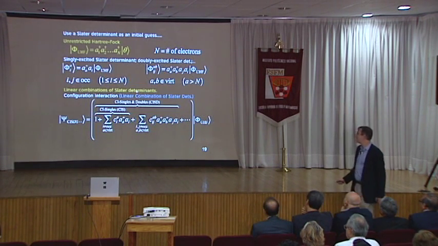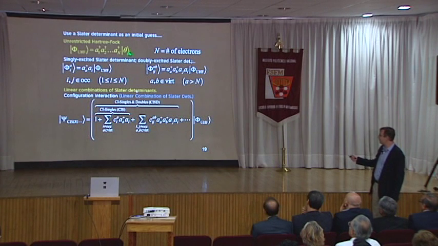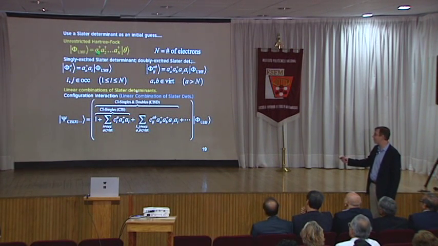Right? And so just to sort of give you an idea, if I want to create a Slater determinant, a single electron configuration, I just create an electron in the first single particle state, electron in the second single particle state, finally an electron in the nth single particle state.